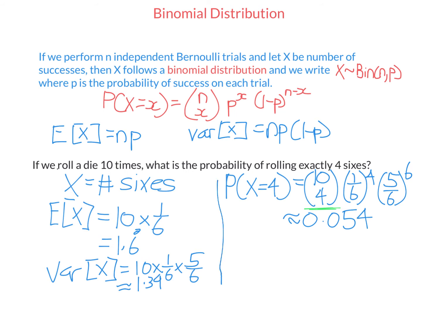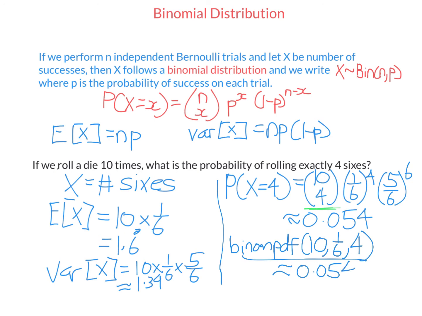What you do is you go to the distribution menu and you pick out Binomial PDF. So you have to input the parameters. So there is 10 trials, probability of success is 1/6, and we want exactly 4 successes. If you put this on your calculator, it will calculate the probability for you, which is really, really handy. Now, it turns out there's also another function called Binomial CDF, and we will now look at that.